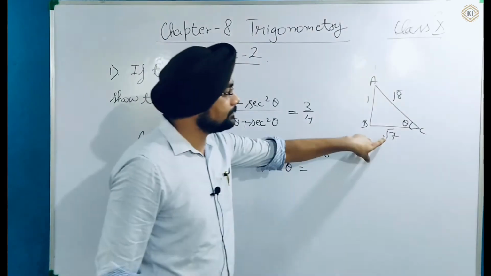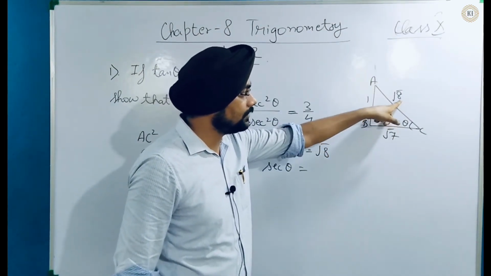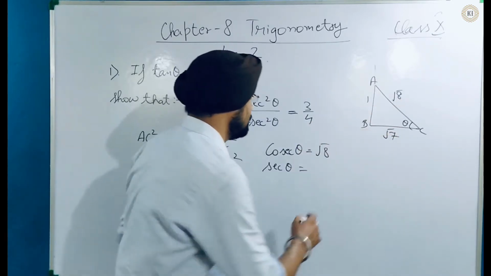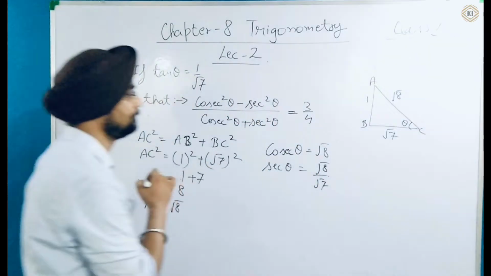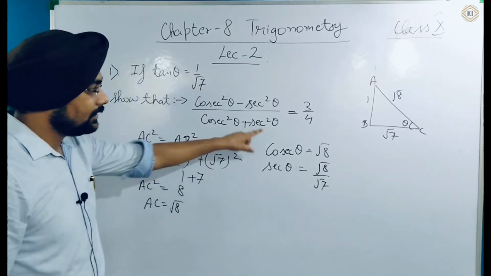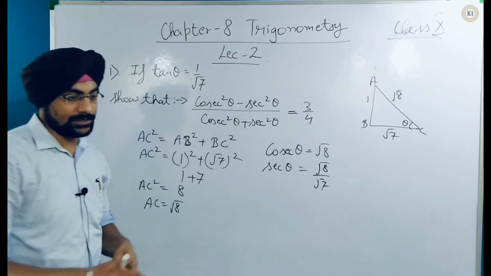Cos theta is base upon hypotenuse, that is root 7 upon root 8. So sec theta will be root 8 upon root 7. Now we have got the values of cosec theta and sec theta. Now we can put the values in this equation.